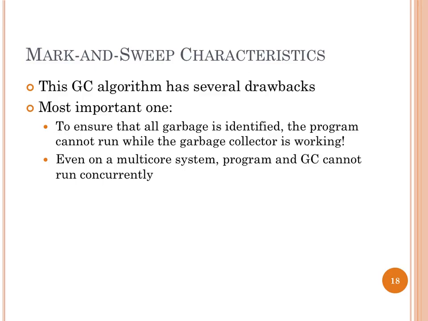If you have a single-threaded language running on a single processor, that's not so bad. But if you have a multi-core system, or a system that has threads, now you have to stop everybody, even though they could be doing things while you're garbage collecting. So this makes me sad.